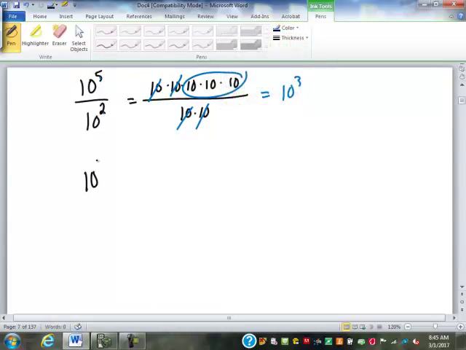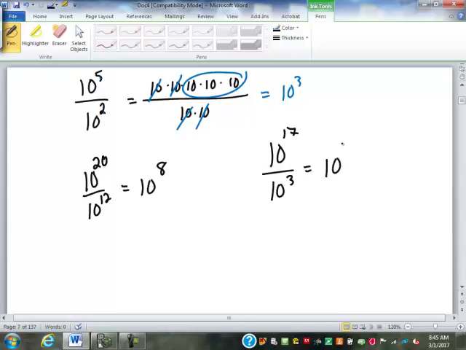So if I have 10 to the 20th divided by 10 to the 12th, I get 10 to the 8th. 10 to the 17th divided by 10 to the third, I get 10 to the 14th. 10 to the 5th divided by 10 to the 12th, 10 to the negative 7th.